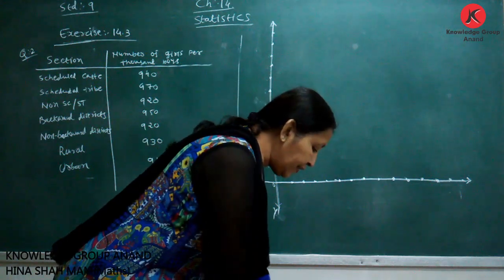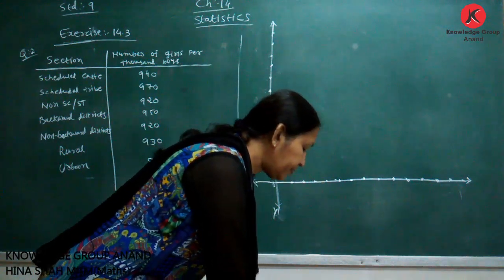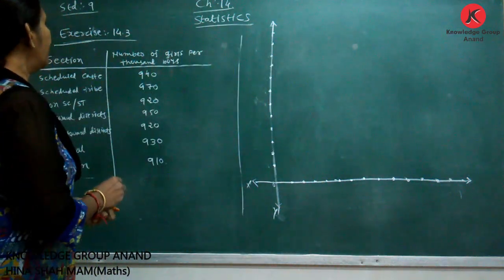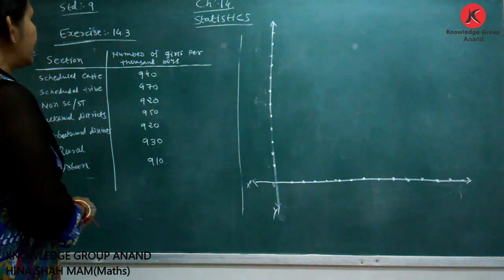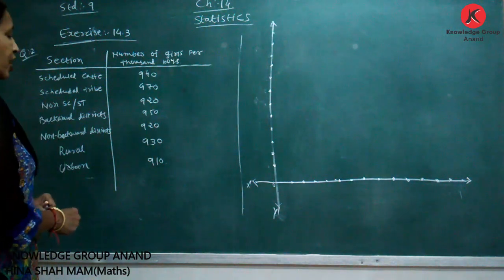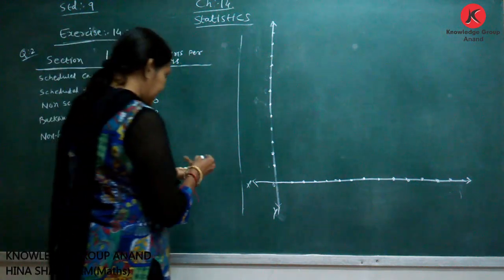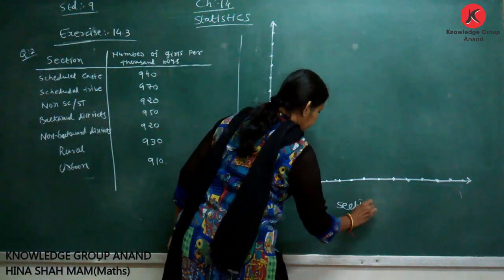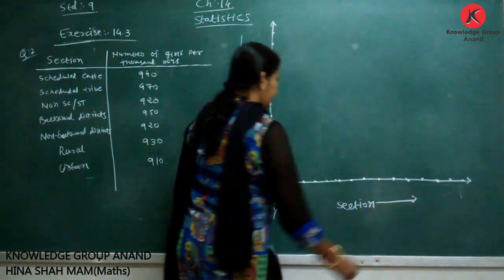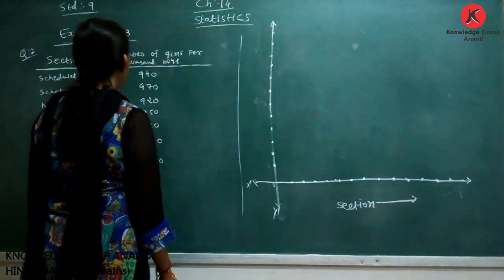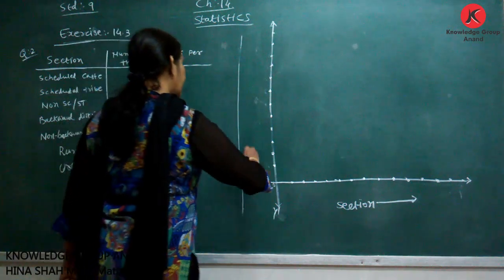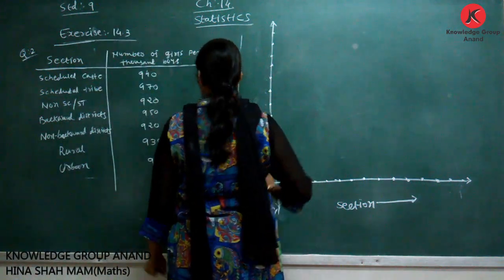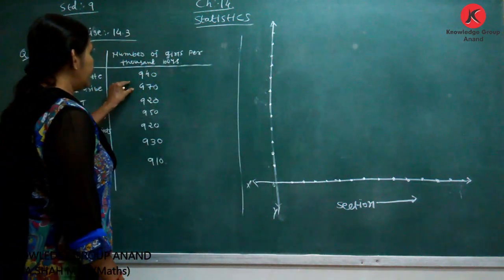Here, first we draw this data in graphical form. We write the section on the x-axis and the number of girls per thousand boys on the y-axis. But what is the measure?